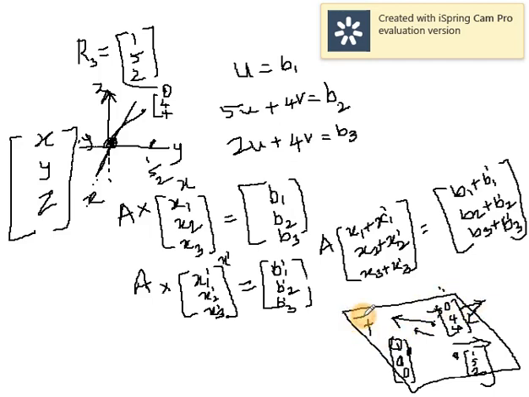C can be anything from minus infinity to plus infinity. If we multiply by a negative value, they lie on the negative side, but on that plane itself.